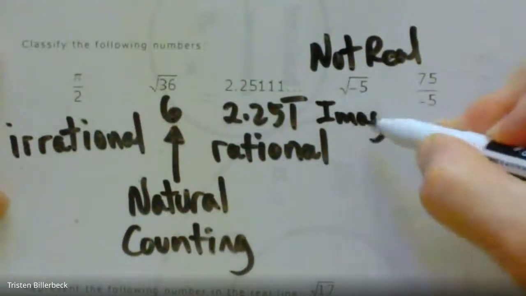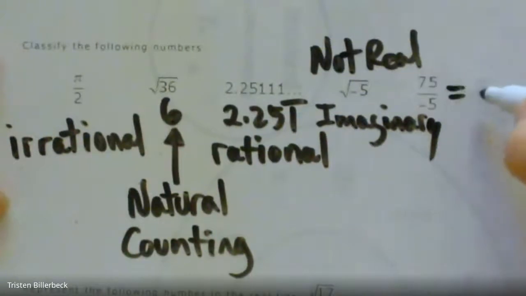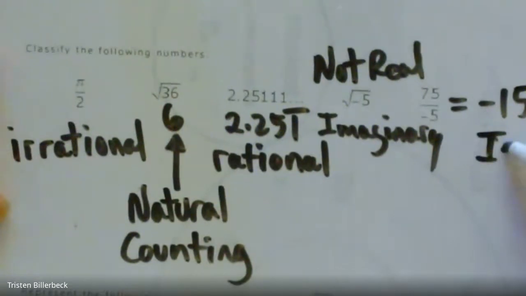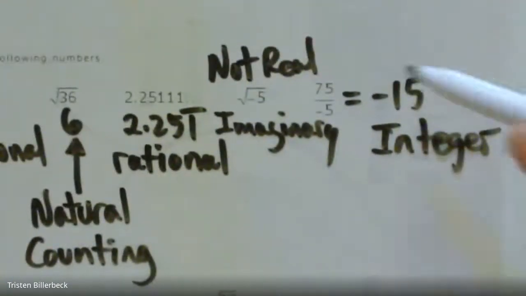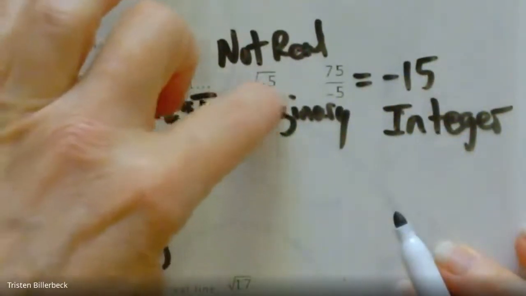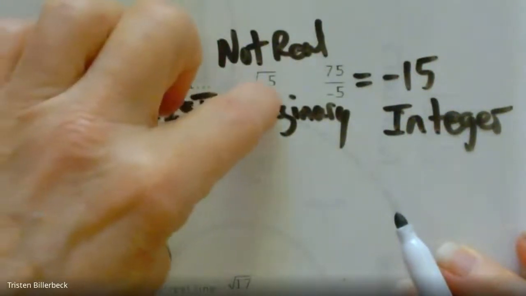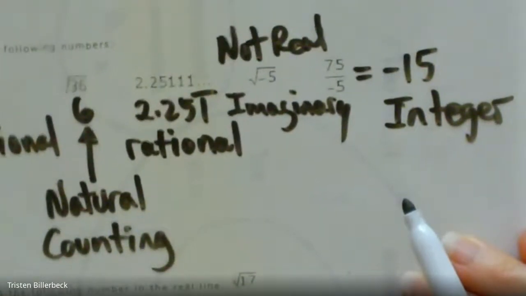It doesn't fit in our number family that we just went over. And then this one equals negative 15. So we have an integer. The reason why you can't have a negative in the square root is that nothing squared is a negative. That's what makes this an imaginary number. You'll learn much more about that in Algebra 2.